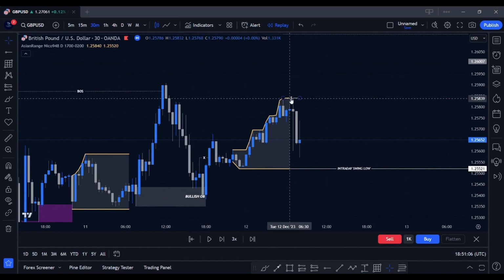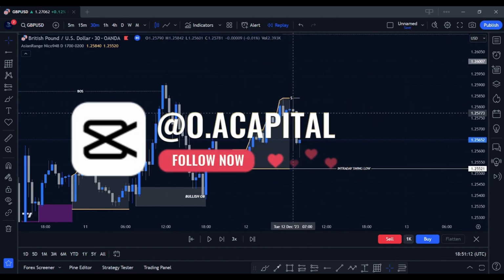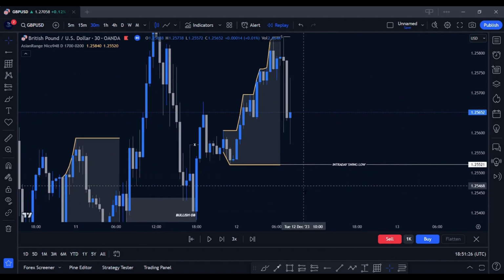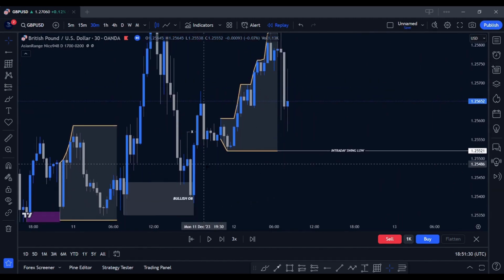So once I've seen that price swept above this wick here, this confirms to me that there's price action more likely to come to bounce around somewhere here, because again, we have liquidity here and we have the Asian low at this point here. So my next area was to identify the fair value gap, which we have here, because on this candle we can see a huge push to the upside.